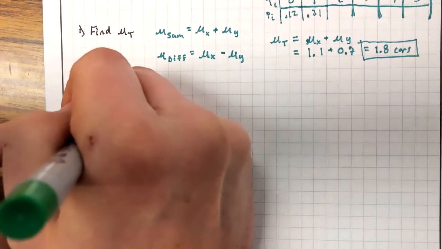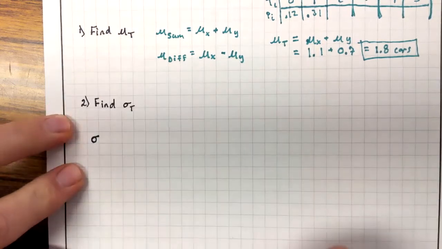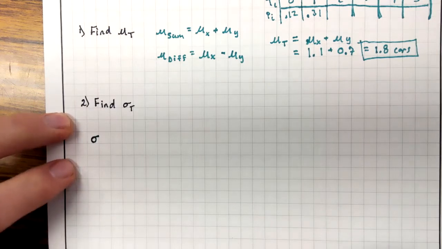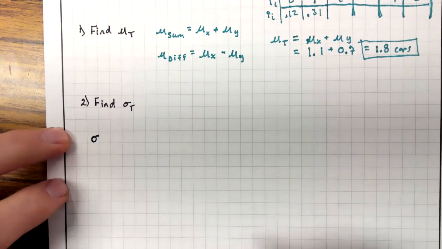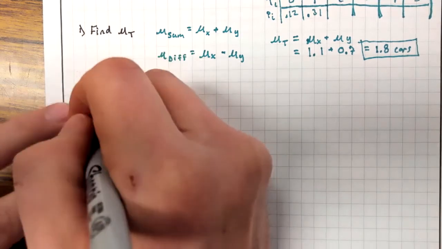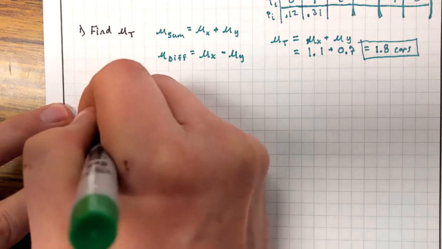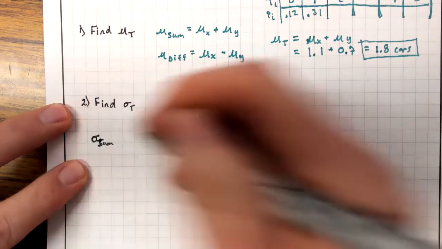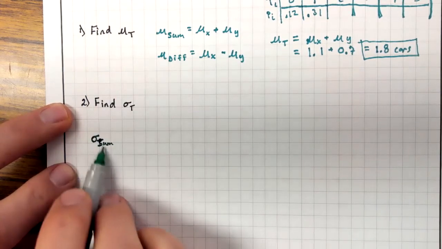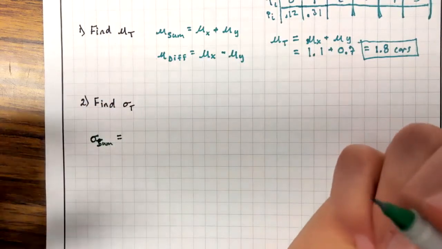Standard deviation. One thing to get right off the bat here: standard deviations do not add. You can't add or subtract, for that matter, standard deviations. What you can do, if I was trying to add two random variables together, the standard deviation of their sum would be equal to, and I can't add their standard deviations.